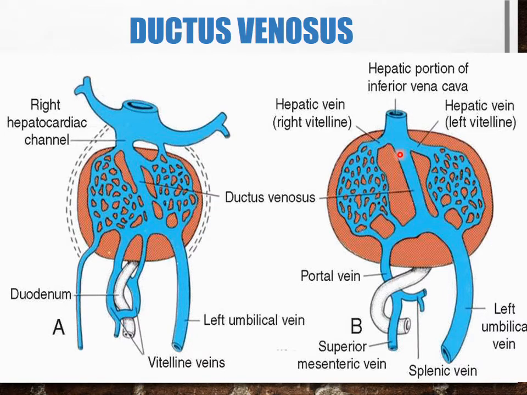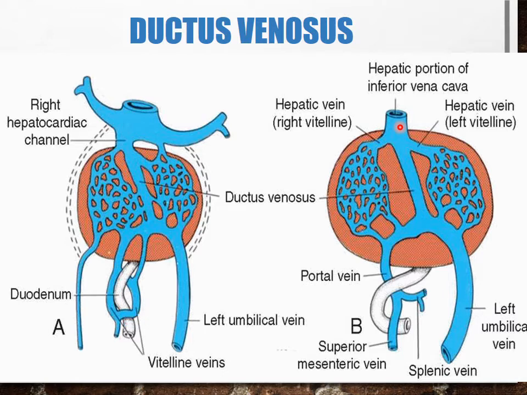It bypasses the blood of the placenta directly into the sinus venosus. As you have seen, this plexus and these sinusoids and the liver are also still developing. So here is the bypass: the blood from the placenta goes directly through the ductus venosus to the right hepatocardiac channel and then into the sinus venosus.